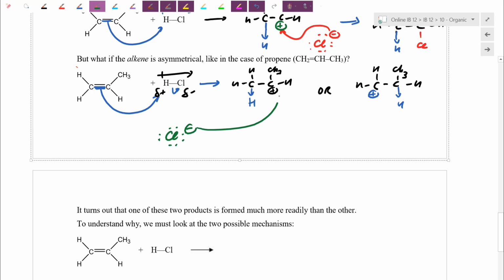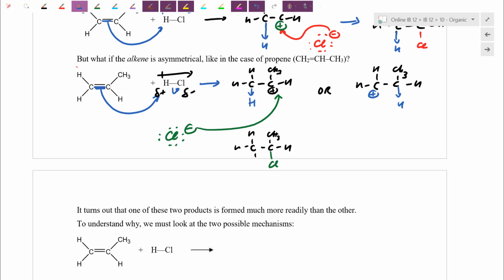If the chloride adds to this carbocation, we're going to end up getting CH3, then a chlorine and a hydrogen. Or the chloride adds to this other carbocation and it ends up creating CH3CH2CH2Cl, and we're going to have H.